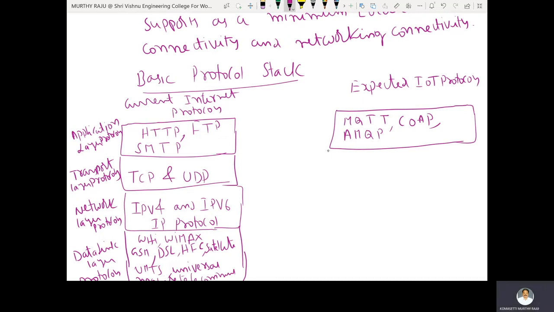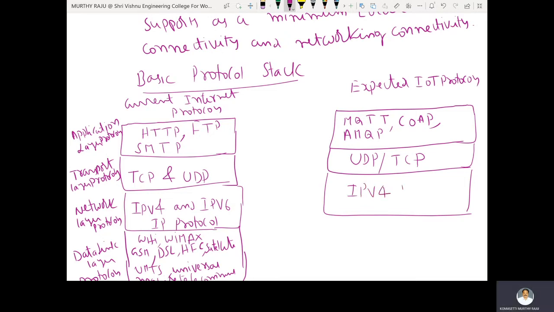Coming to transport layer, two types of protocols are used here: User Datagram Protocol and Transmission Control Protocol. In the case of the networking layer, IP, Internet Protocol, IP version 4 and IP version 6. These are the two protocols used in networking.